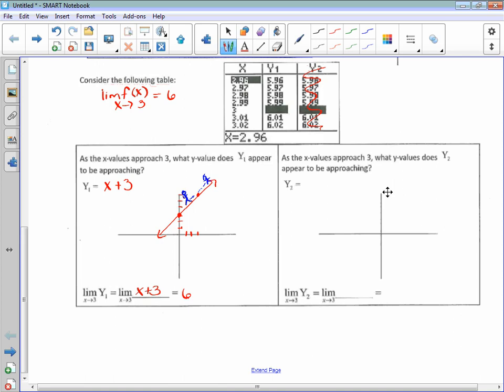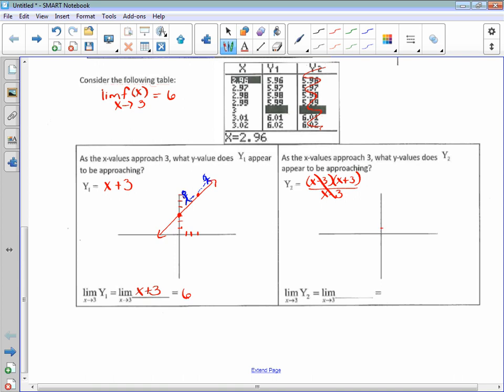Let's say your equation is now x minus 3 times x plus 3 over x minus 3. So what happens here? There's a hole, right? And the hole is when x equals what? 3. So is my graph going to look very similar to the first one? Yeah. Yeah, but what's going to happen when x is 3?